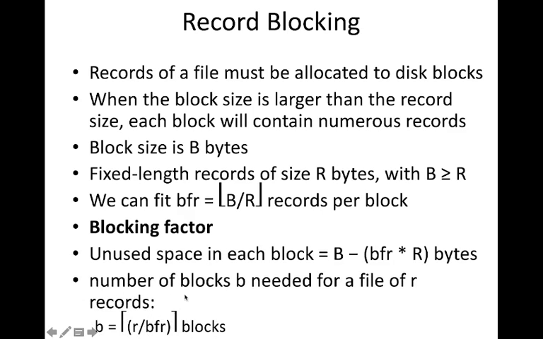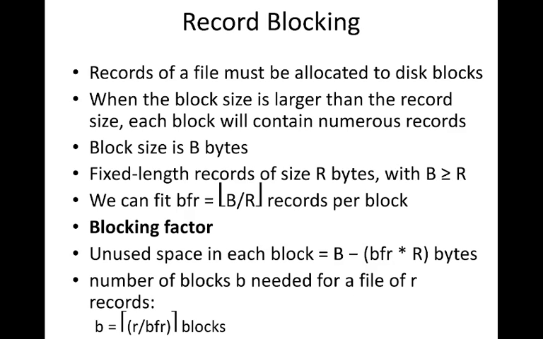Another formula we have to remember is the number of blocks B needed for a file of R records. How many blocks will be needed for a file if that file has R records? In a file, a record, as we have already seen, is for example a student's details, which is called a single record.